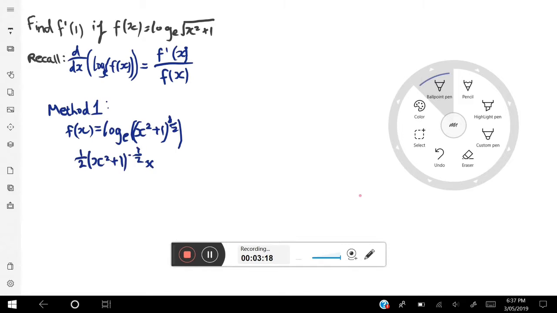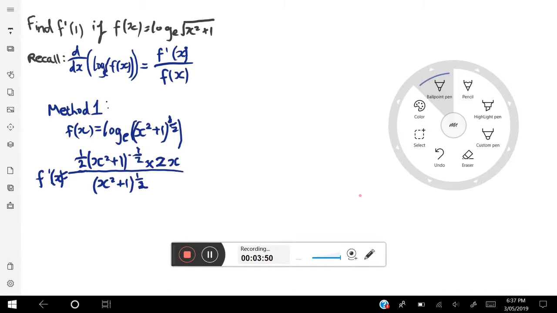Then you multiply by the differentiation of x squared plus 1, which is 2x. And then you put this whole thing over the function, the square root of x squared plus 1.